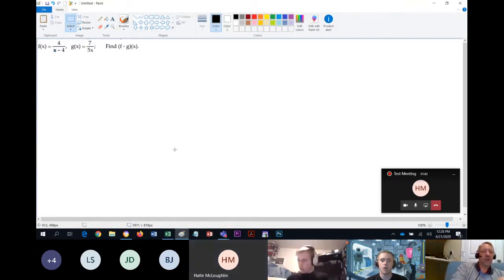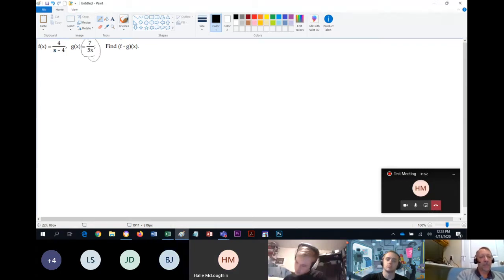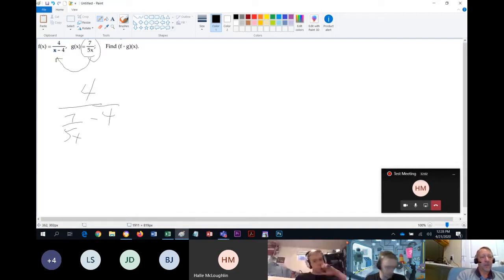I'm going to use my pencil and my finger here, so hopefully this will be legible. Basically, we're taking this and plugging it in right there. So this is going to give me 4 over 7 over 5x minus 4. Now all we have to do is simplify.